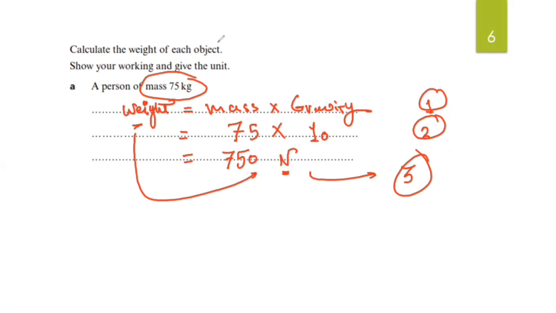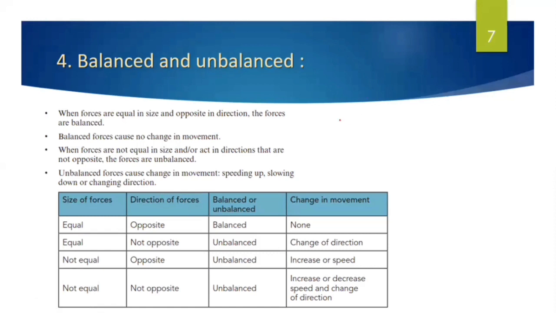اوكي. طيب الفورس بوينت هي البالانسد والانبالانسد فورسز. الفورسز بتاعتنا يا اما يكون في بالانس ما بينها يا اما ما يكونش في بالانس، ولو في بالانس او ما فيش بالانس الريزلت هتكون مختلفه. الفورس لو equal in size و opposite in direction.